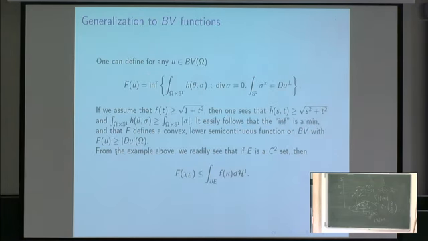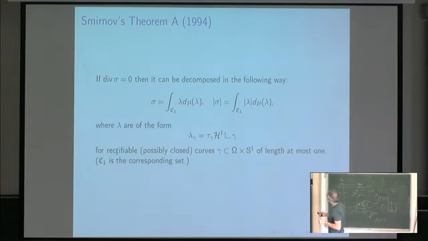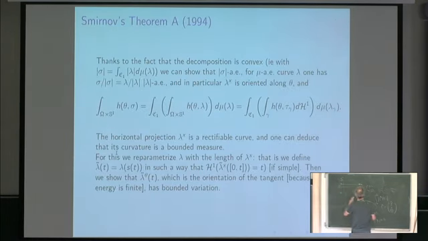If the measures have finite energy, it means that at each point of omega times S1, their orientation is given by the theta variable. Otherwise, they would not have finite energy because h is infinite if you go in another direction. But since the decomposition of Smirnov is tight, it implies that if you take any measure with finite energy, and consider the curve which passes through the point here in the Smirnov decomposition, then the curve also will have the same direction. And that's the most important point, if you want.